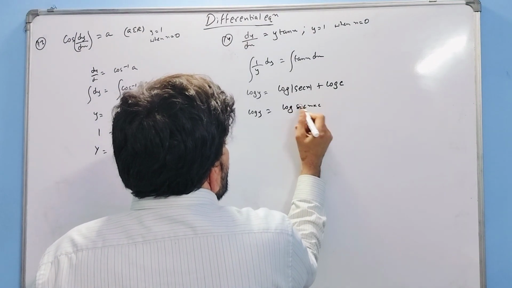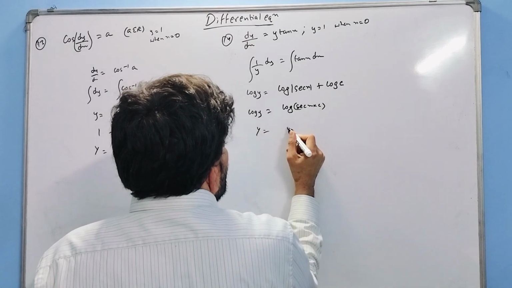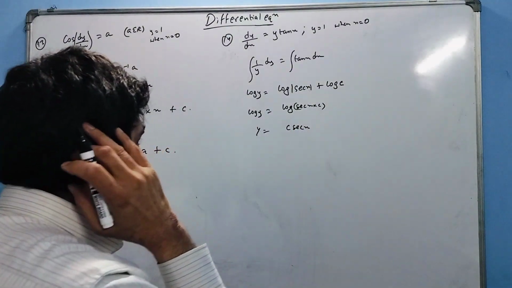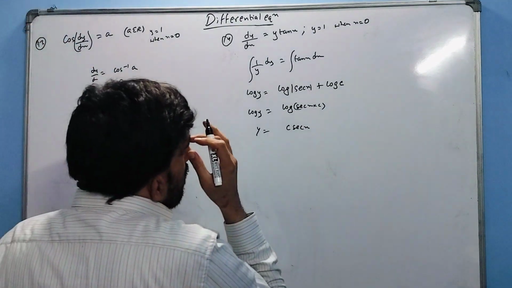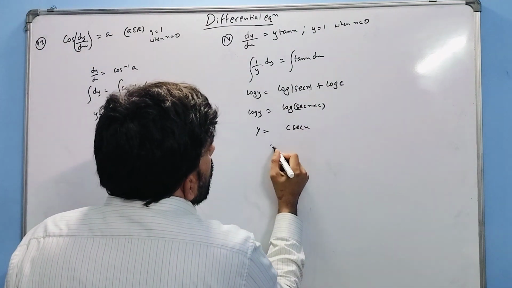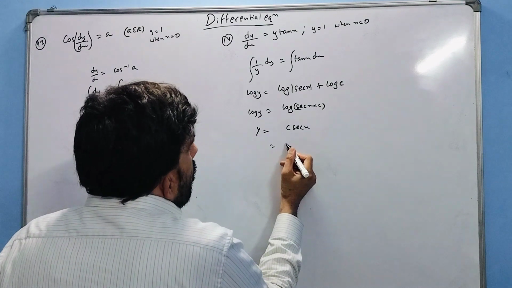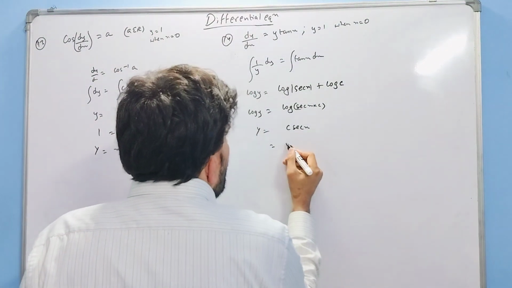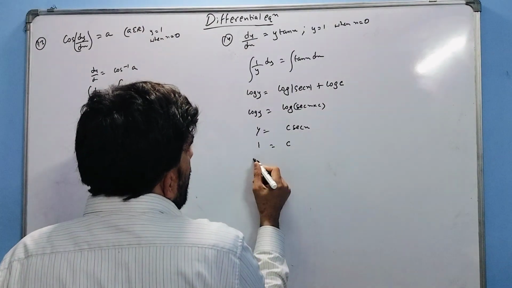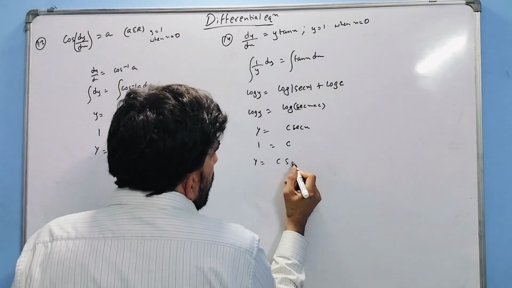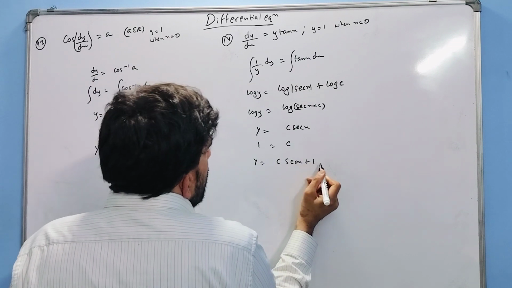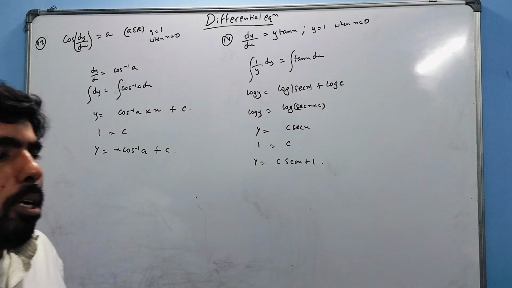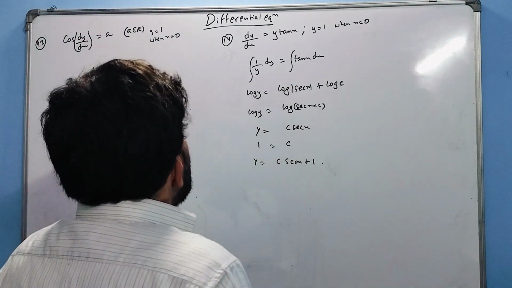So I got y is equal to c into sec x. Now if I put x is equal to 0, sec 0 will be 1 upon cos 0, and cos 0 is 1. So I got c is equal to 1. So I can put here y is equal to sec x. That is how we are able to find the solution of the given differential equation.